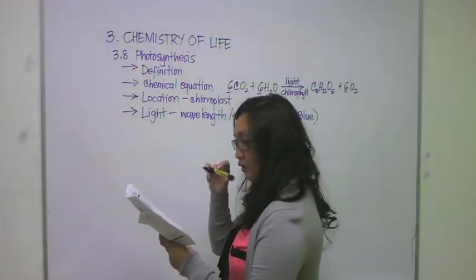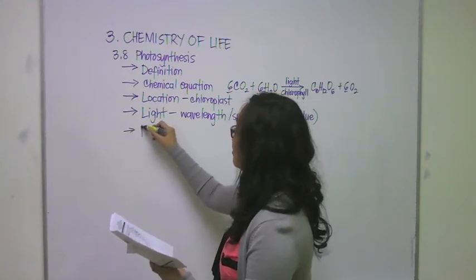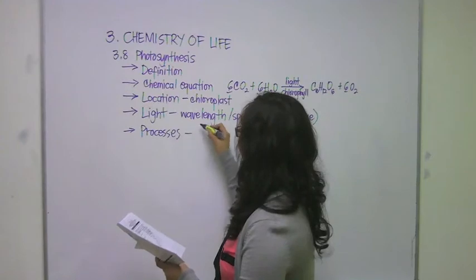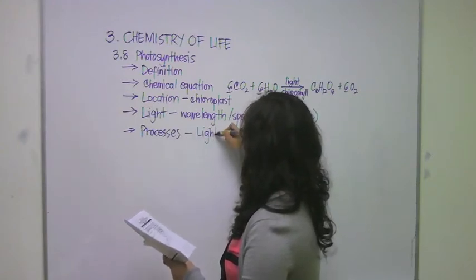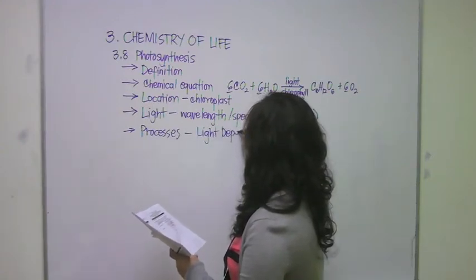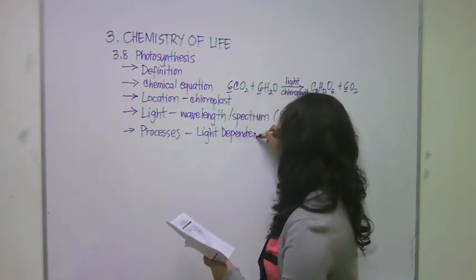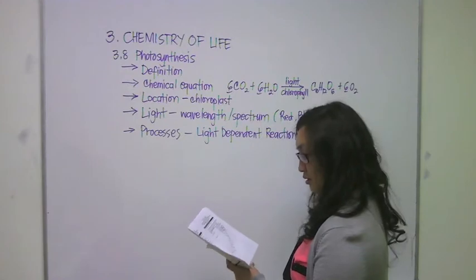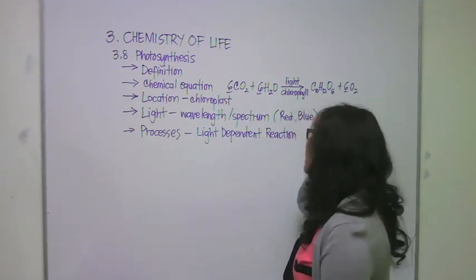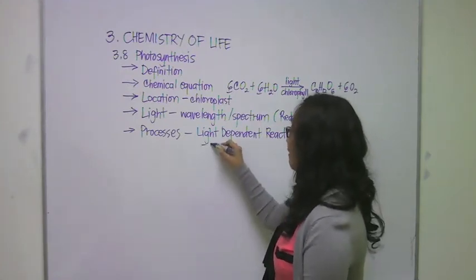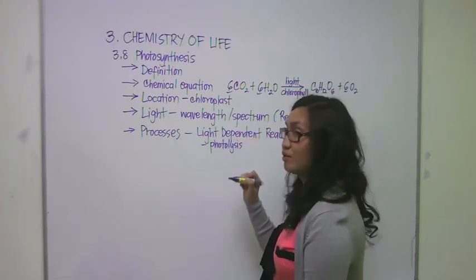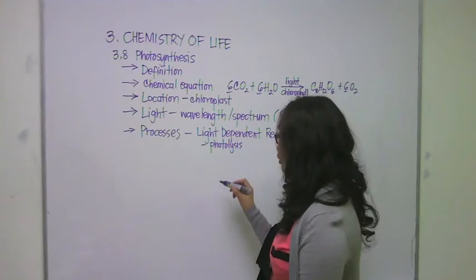So we can include the processes now. We have the light-dependent reaction occurring in the thylakoid membrane. Under the light-dependent reaction, we have the process of photolysis, wherein water molecules are going to be split to release the electrons.